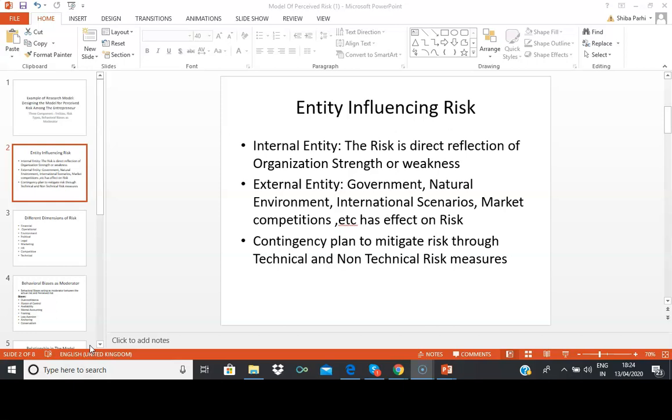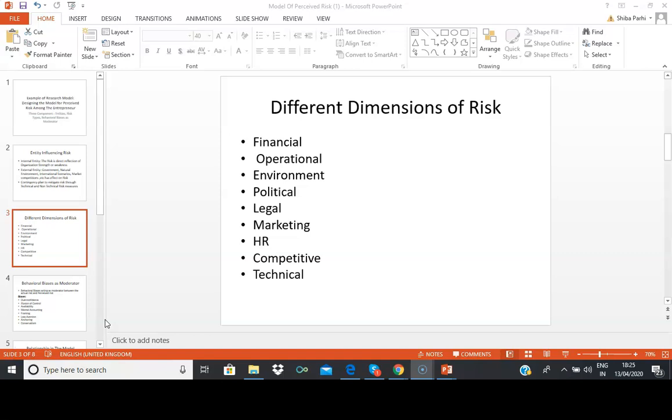There are three kinds of entity found from the research papers: internal entity, external entity, and the contingency plan to mitigate the risk through technical and non-technical risk measures. Looking into the different dimensions of risk: financial, operational, environmental, political, legal, marketing, HR, competitive, and technical risk.